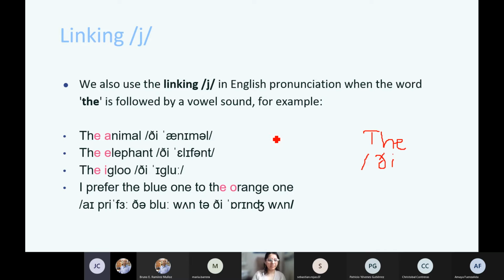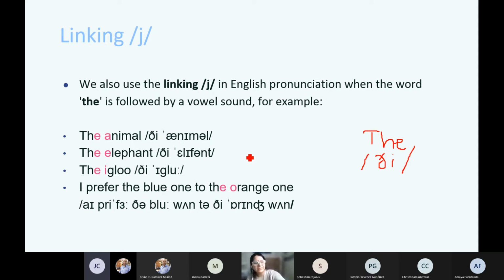So instead of saying "thuh animal," we say "thee animal." Instead of "thuh elephant," we say "thee elephant." The same happens with "thee igloo."